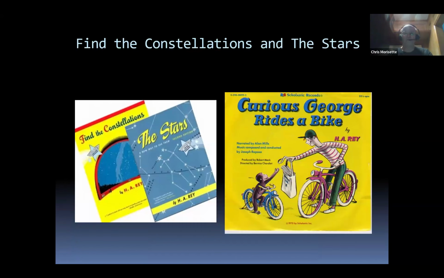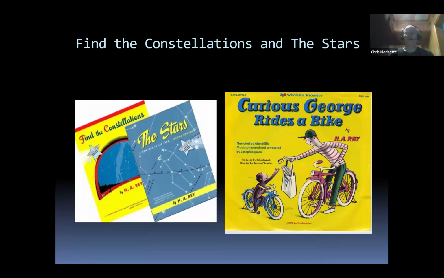Again, for those new to astronomy, I'll just mention a couple of other references. There's a children's author called H.A. Rey, who wrote the book Curious George. And H.A. Rey put together a couple of really nice books called Find the Constellations and The Stars.